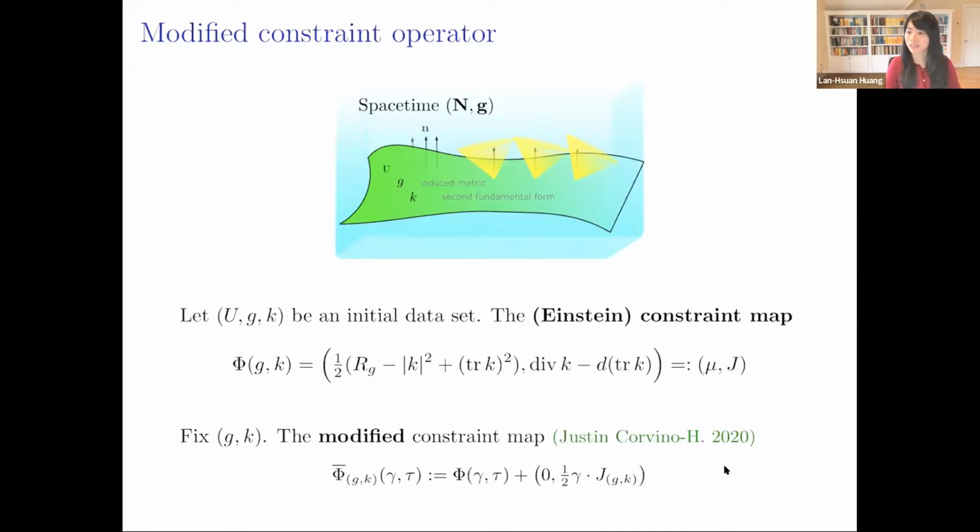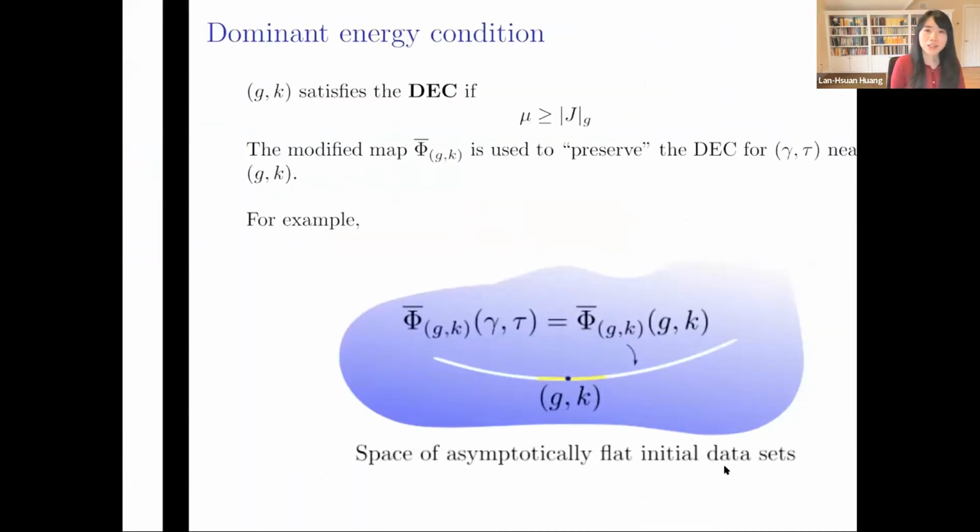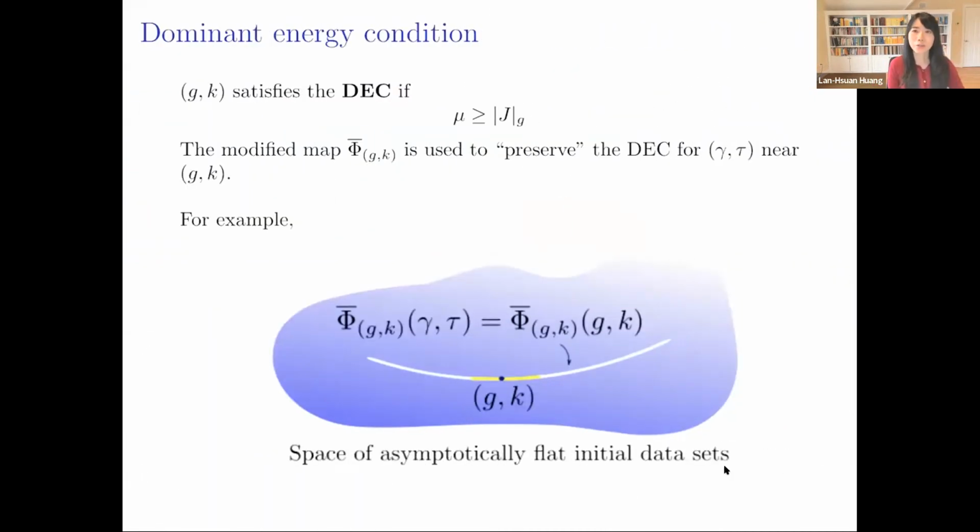So why bother? It turns out we introduced the concept trying to understand the dominant energy condition. The dominant energy condition for the initial data says that the quantities mu and J are related by this inequality: mu is greater than or equal to the length of J, where the length is taken in the metric g. Like many who study initial data sets, we really need some condition.